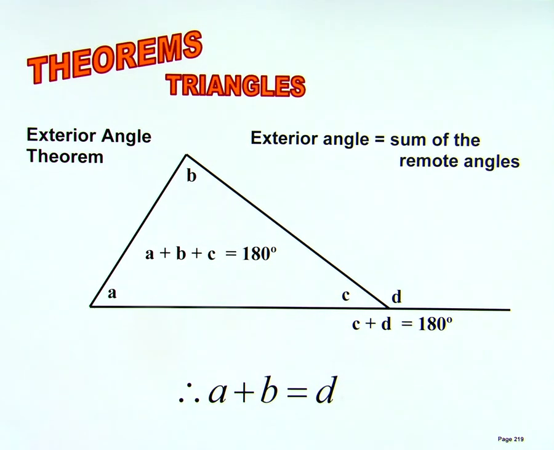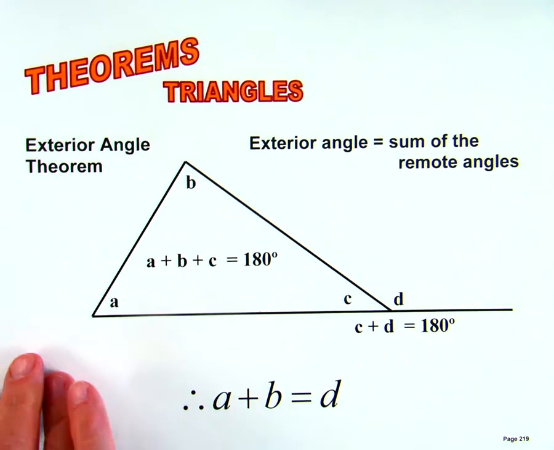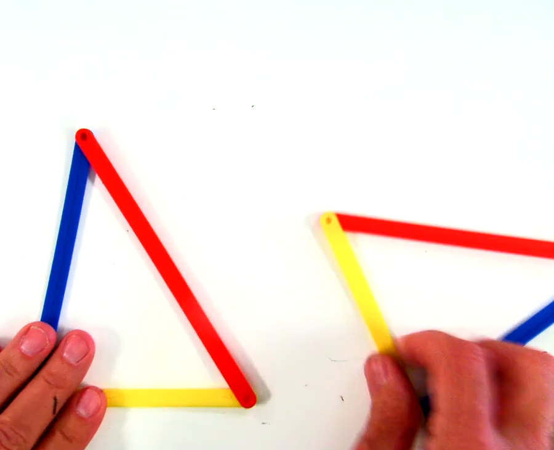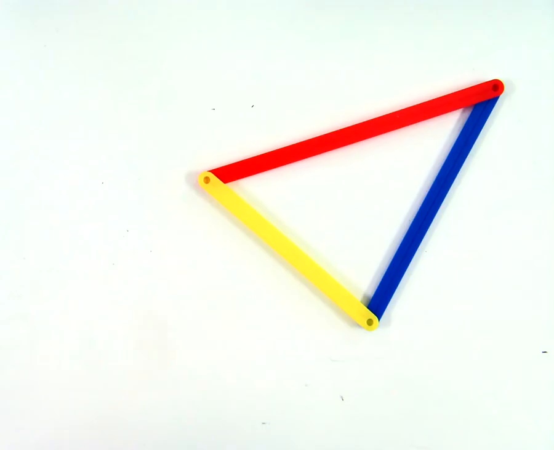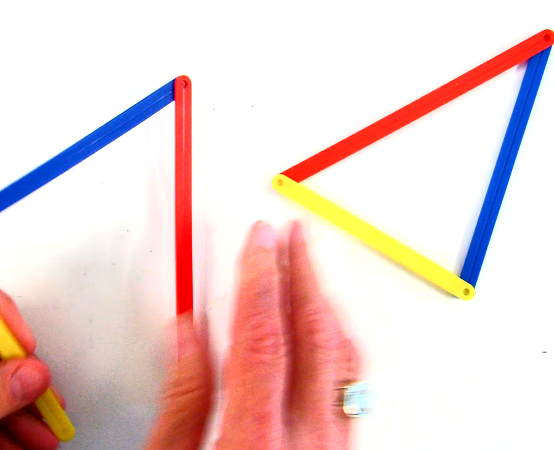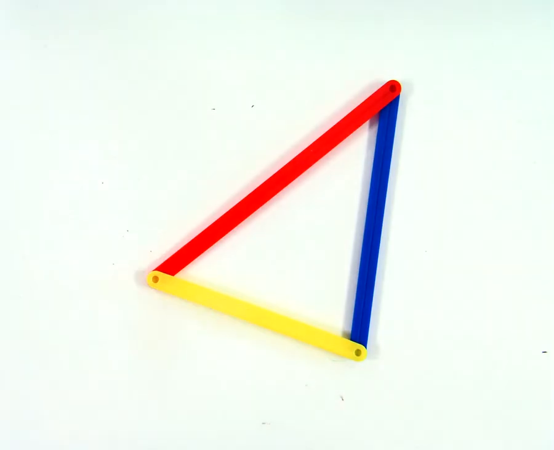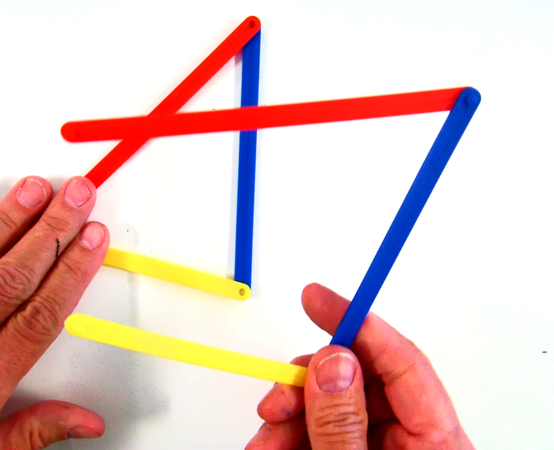All right, got some triangles here. Here I have a triangle. I'm going to try to make one that's different. Okay, I want two angles to be the same and two angles to not be the same. So there my blue and yellow angle is the same.